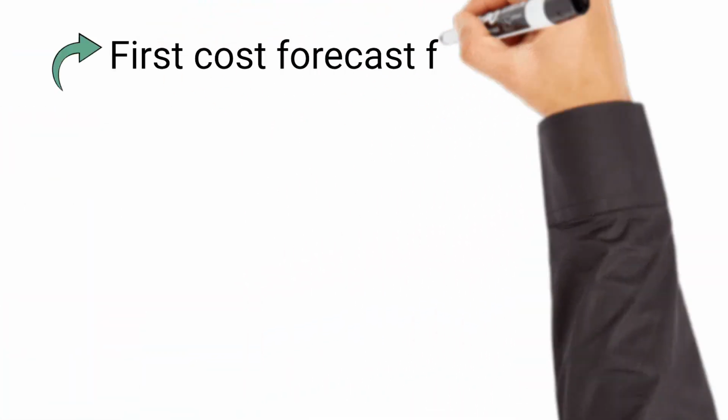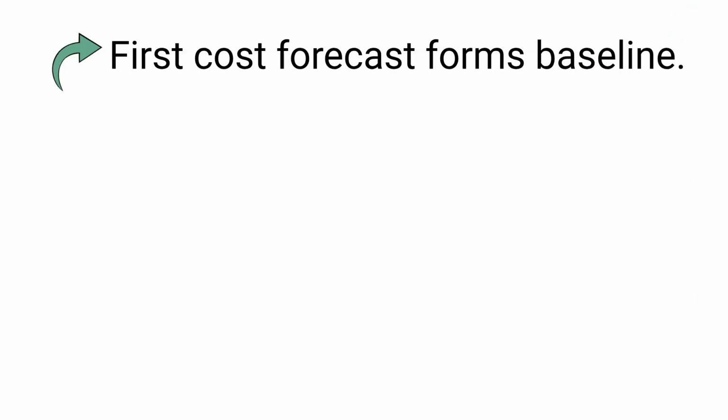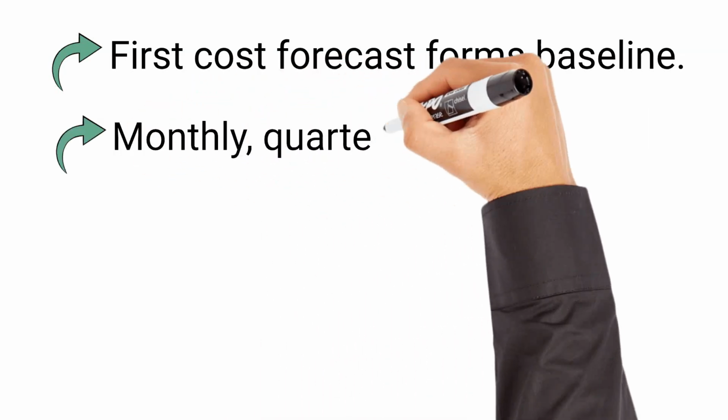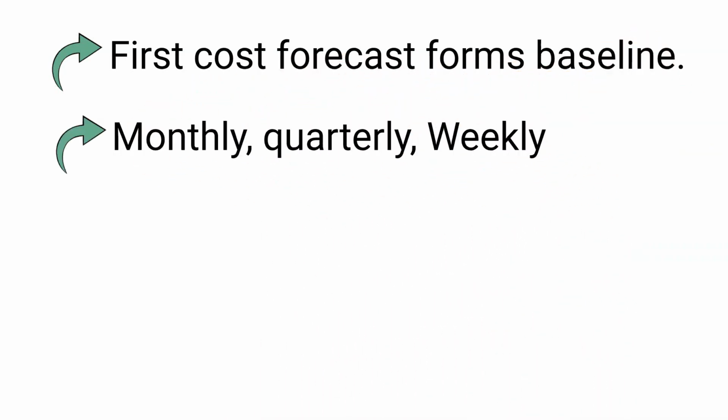Usually, the first cost forecast, done at the commencement of the project, forms the cost baseline for your project. Once the project is started, cost forecasting is done at regular intervals. The frequency of cost forecasts can vary from monthly, quarterly, or even, in some cases, weekly. This will depend on the types of projects and phases.